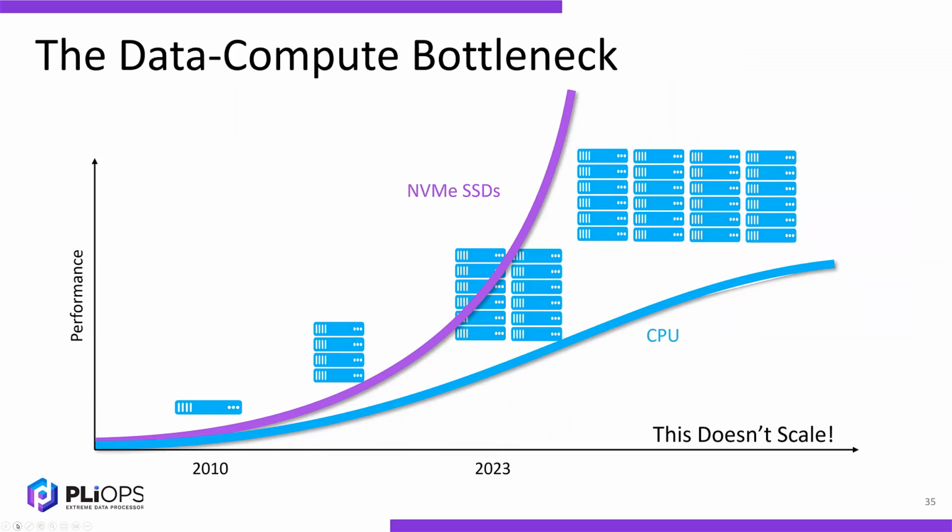And not only performance, but the density has improved, the cost has improved. So everything about NVMe storage and the NVMe bus is getting better and better. The problem is that CPU and software are struggling to keep up with that, and this divide is going to continue to grow.